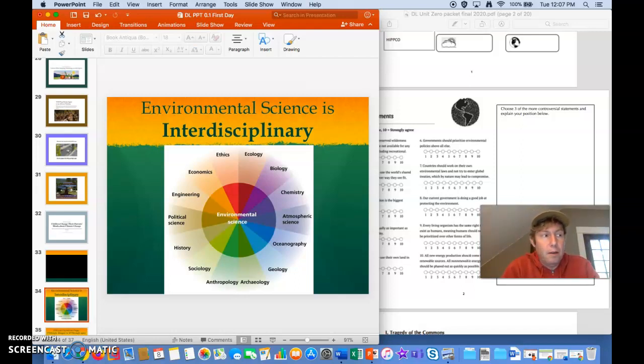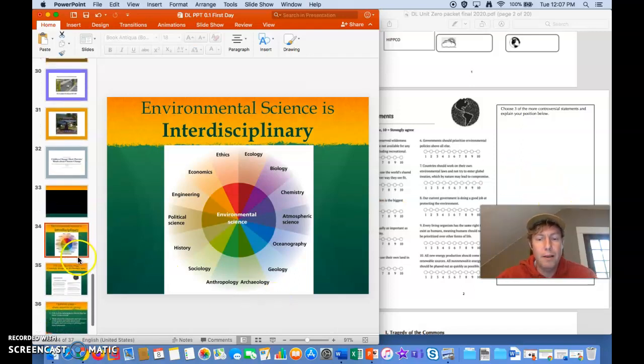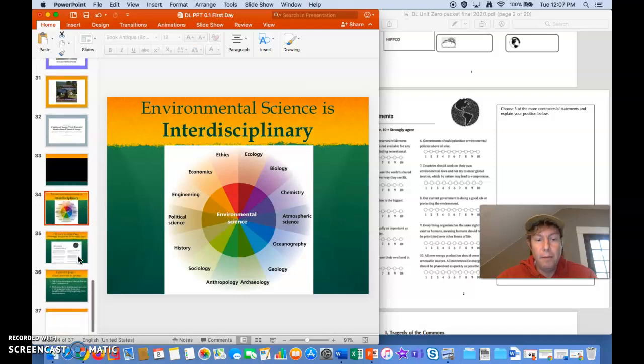Chemistry components, a ton. It's so interconnected with biology and chemistry and geology when we look at these big issues. Atmospheric science, oceanography, geology, anthropology, archaeology, sociology, history, political science, and engineering and economics as well. So many different things go into this course, which is why it is so interesting. And in my humble opinion, and I'm a little bit biased, it's the most important class you'll take in high school, because we're living at this time where the environment is really pushed to the extremes.